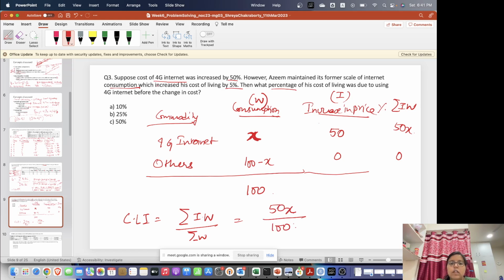Now by the problem, this 50X by 100 is equal to 5, because we are modeling by percentage. So then X would be 500 by 50, that is 10%, or 10. So the answer is 10%.